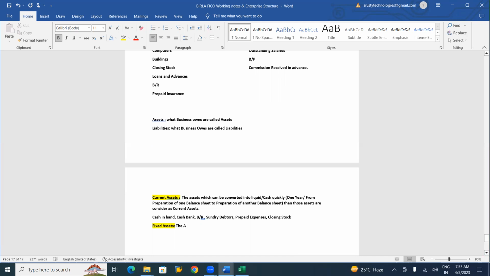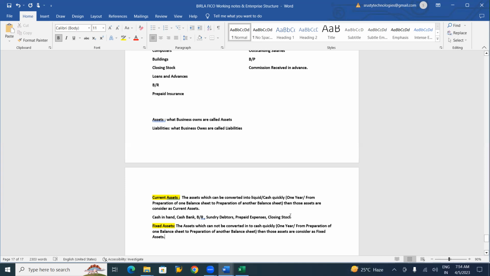The assets which cannot be converted into cash quickly, in the sense from 1 year time, from preparation of one balance sheet to another balance sheet. Okay. Then those which cannot be converted, right? Then those assets are considered as fixed assets.